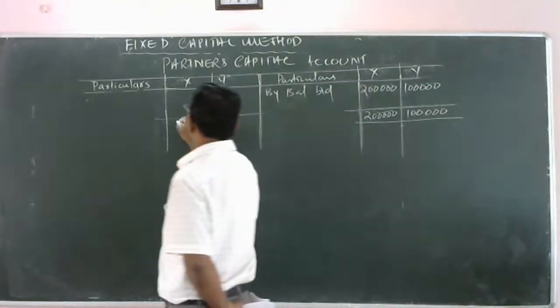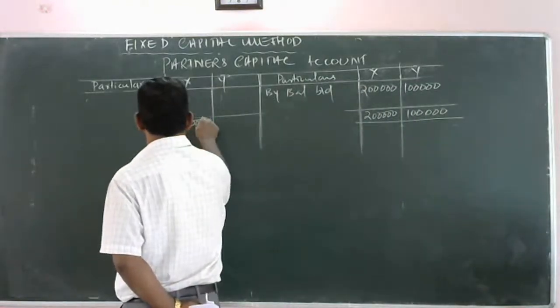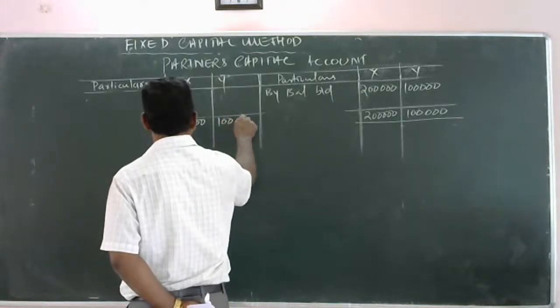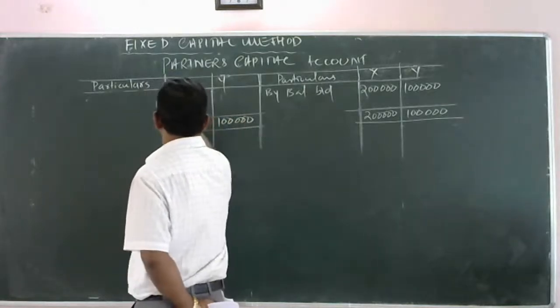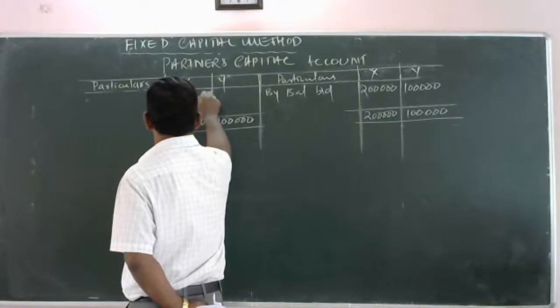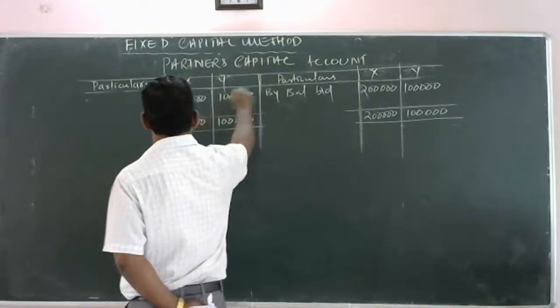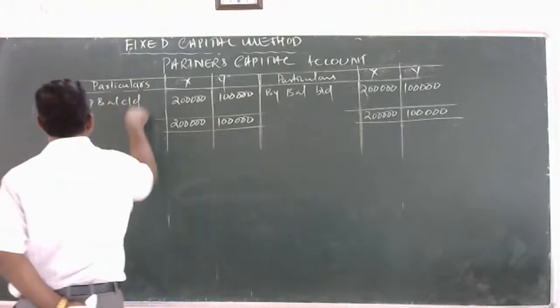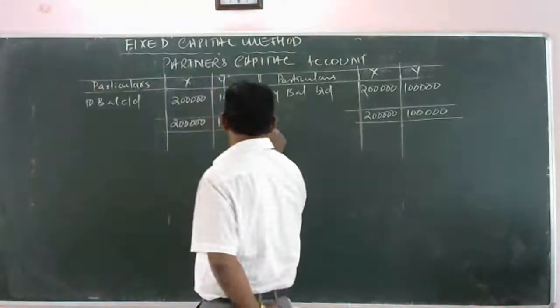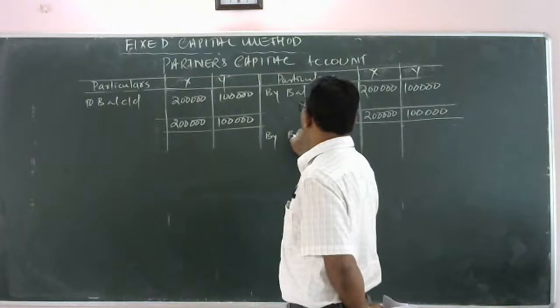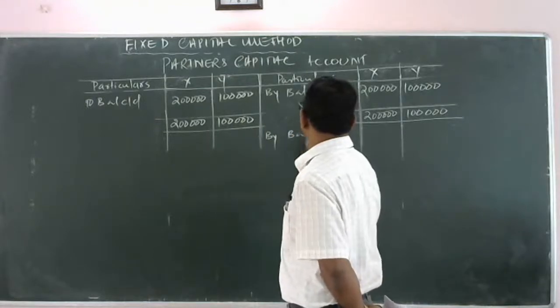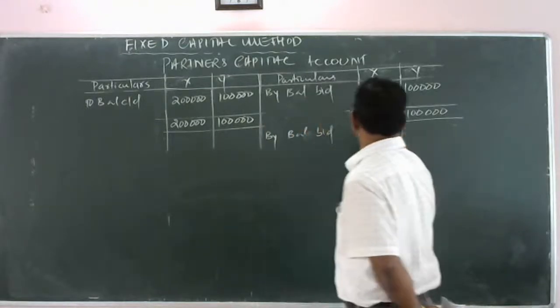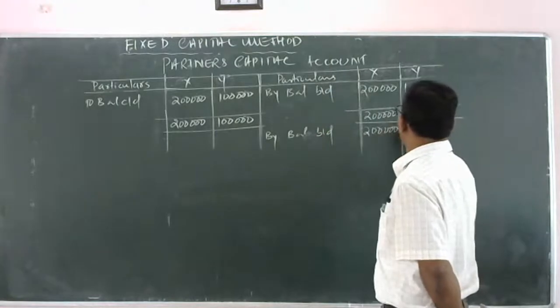Total capital balance is 2 lakhs and 1 lakh. Now this is the capital balance at the end of the year, and this will be the balance at the beginning of the next year, 2 lakhs and 1 lakh.